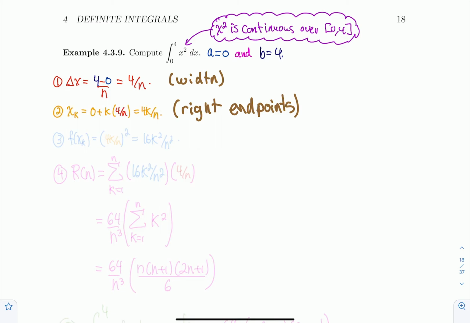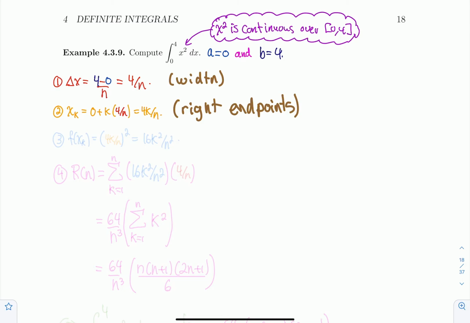So here xk is 0 plus k times 4 over n, which simplifies to 4k over n. So the kth right endpoint of the kth subinterval is given by 4k over n, where k goes from 1 to n.